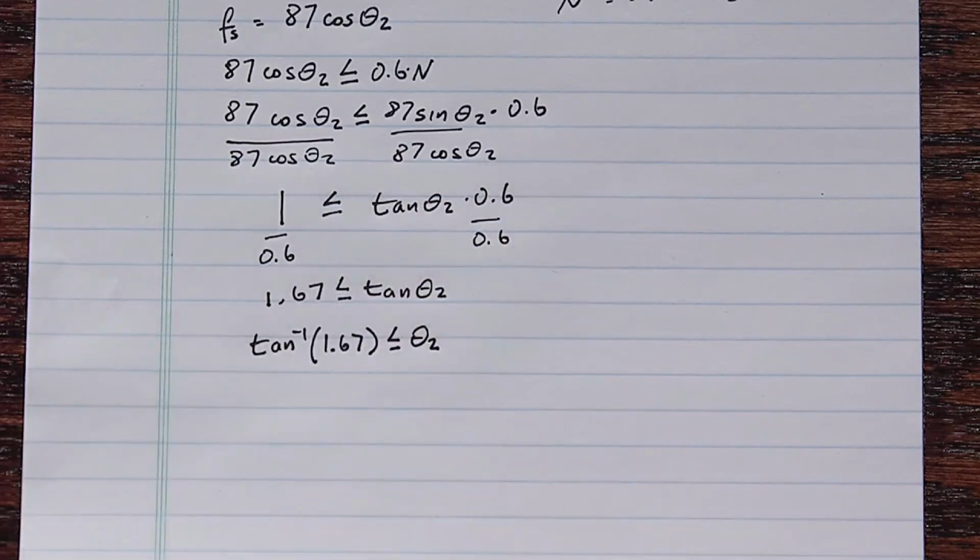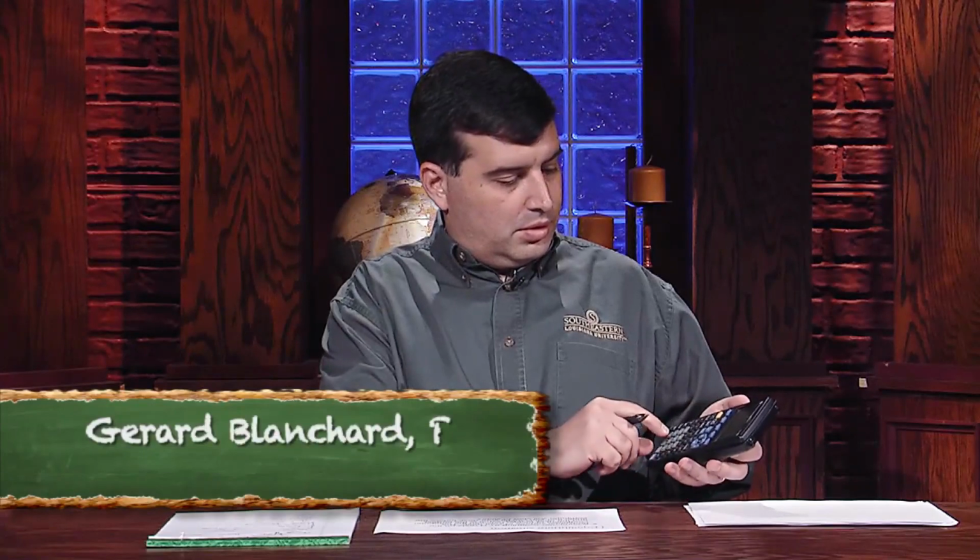And what is the inverse tangent of 1.67? That would be 59.1.